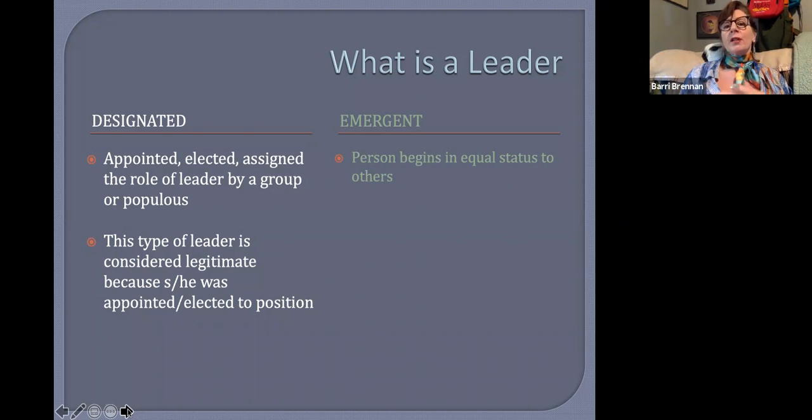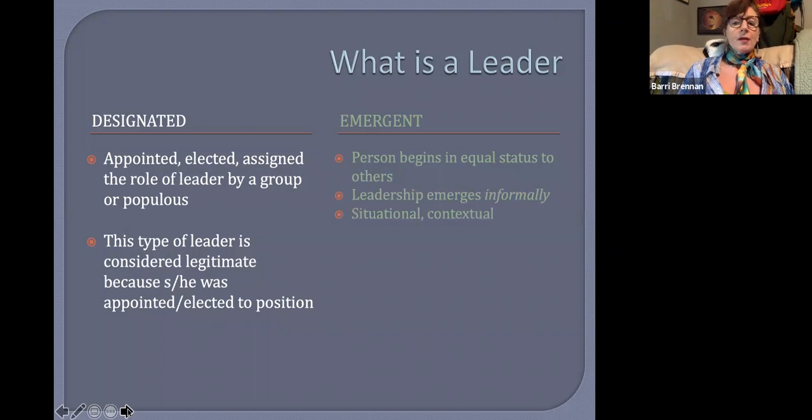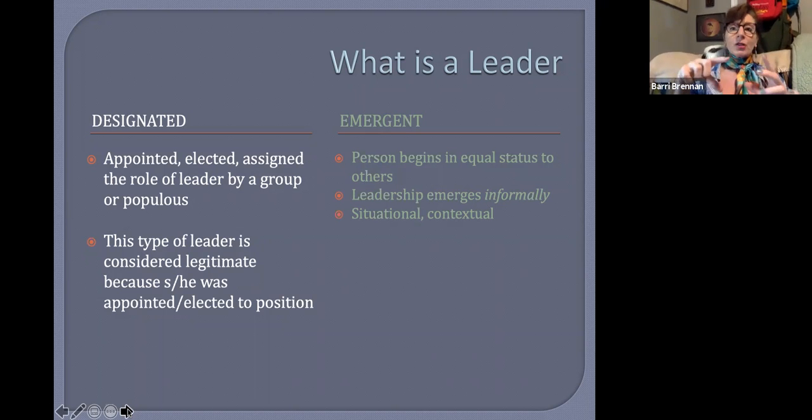An emergent leader is situational and contextual, meaning that person is the leader in that situation, but it doesn't mean they would be a leader in all situations. Contextual means within that situation, they're a leader.